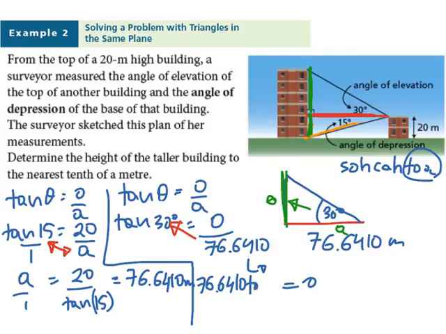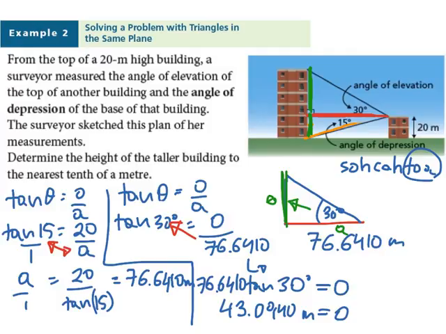Let me erase this because there's no space and rewrite it. Therefore, the opposite side is equivalent to 43.0940 meters.